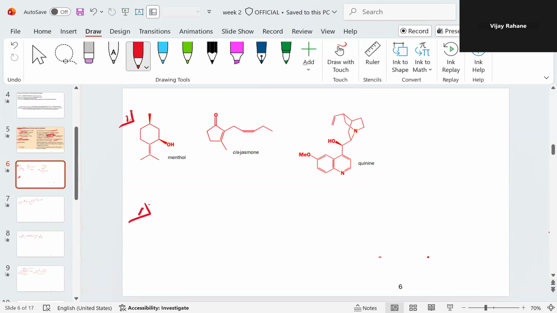They were initially extracted from the plants or some biological source, and after extraction they were purified. Then the structures of these natural products were characterized.